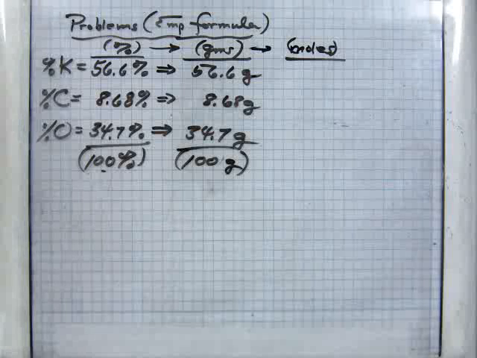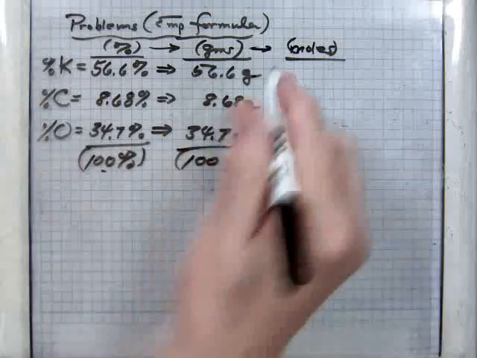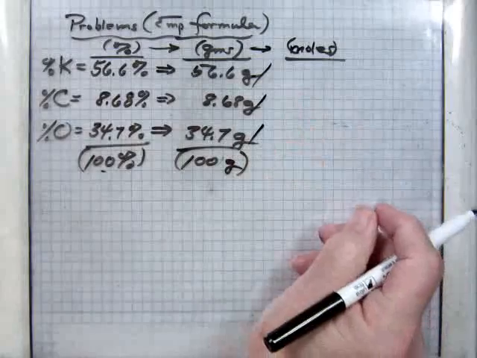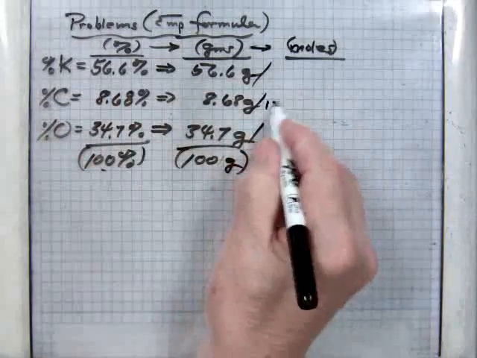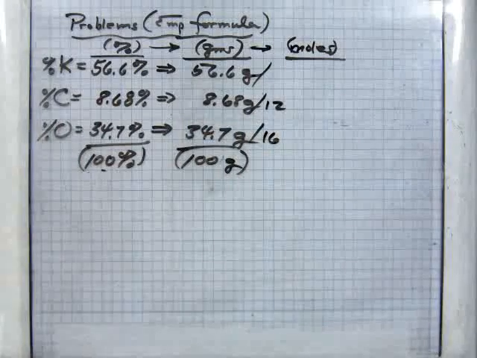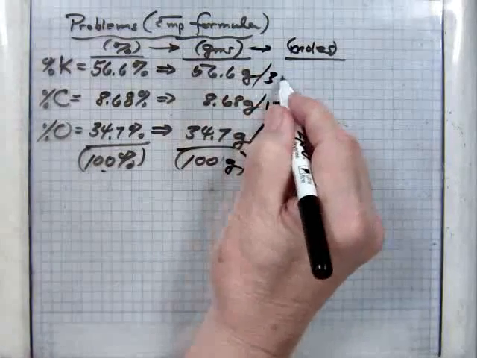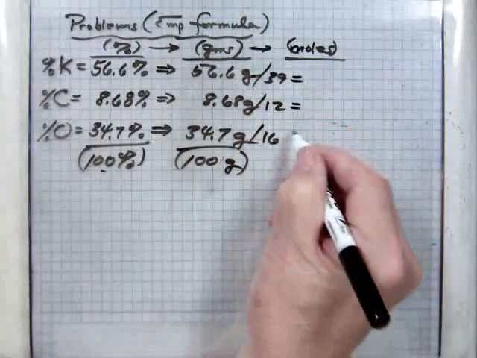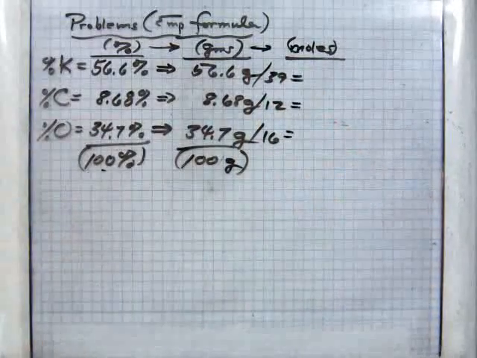Grams to moles, divide by formula weight, etc. So we want to look up, and I just put a slash mark right there. I know what carbon is, I know what oxygen is. 39 is the potassium, and that's, of course, grams per mole. And so I'll have the moles of each one of these elements.